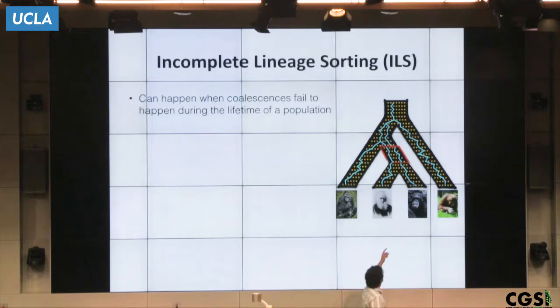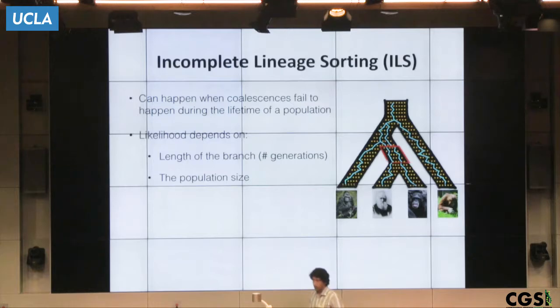And in this case, human is coalescing with gorilla before it coalesces with chimp, right? So this is what incomplete lineage sorting is. If I remember the estimates correctly, in about 70% of our genome, we are closer to chimp. In another 15%, we are closer to the gorilla. And in the remaining 15%, gorilla and chimp are closer to each other than either is to human.